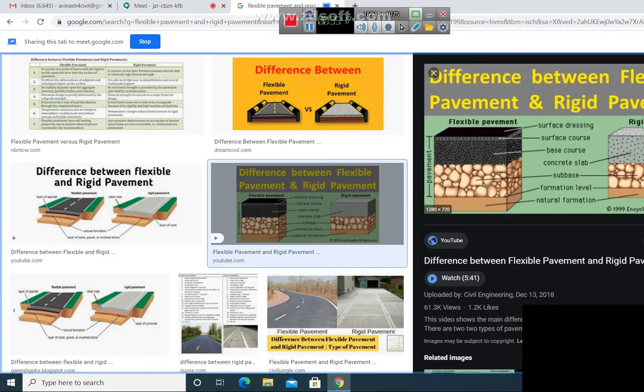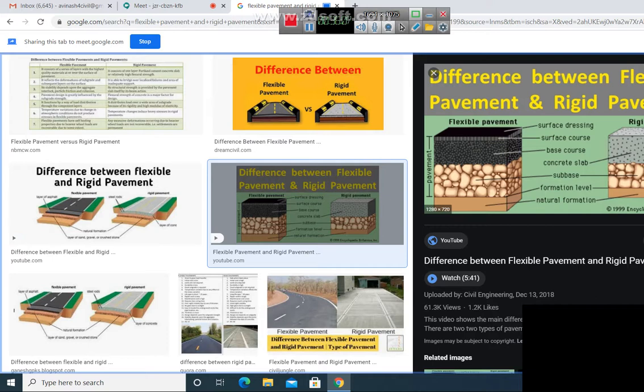Now see a rigid pavement. These are the component layers of a rigid pavement. At the bottom you have a natural formation, a soil layer. You call that layer the subgrade. Over the soil layer you have a subbase.